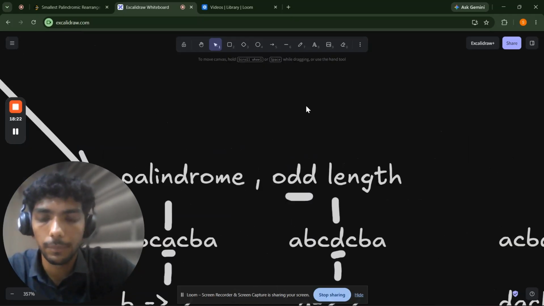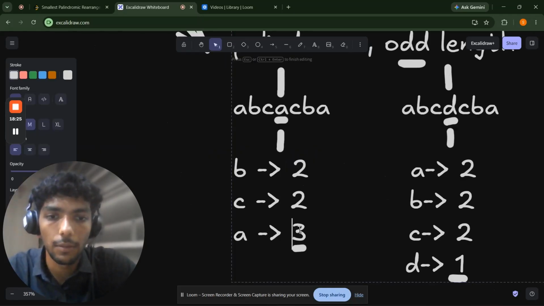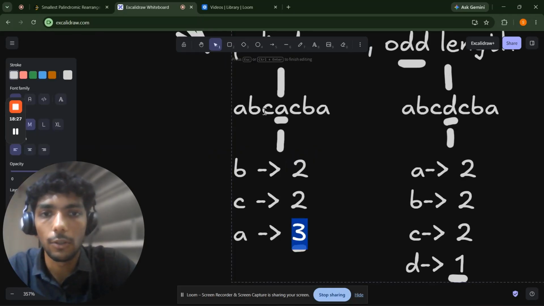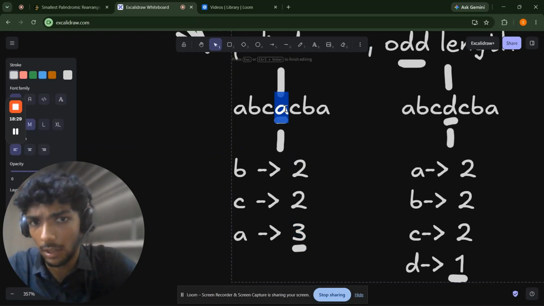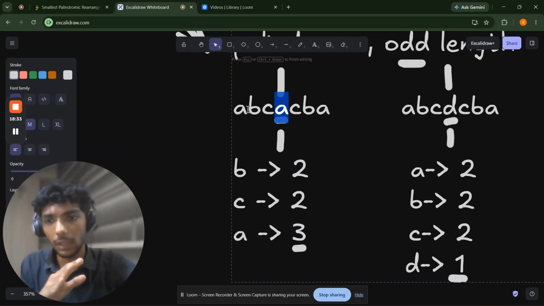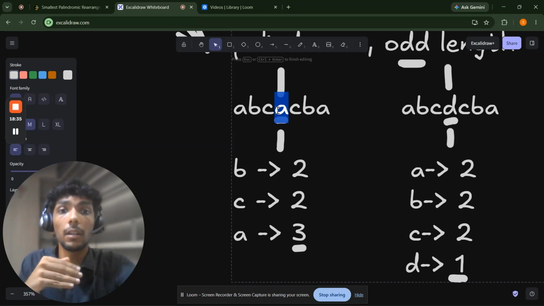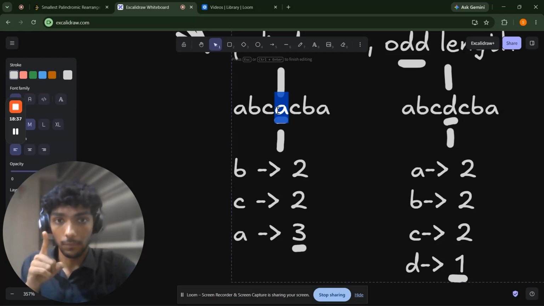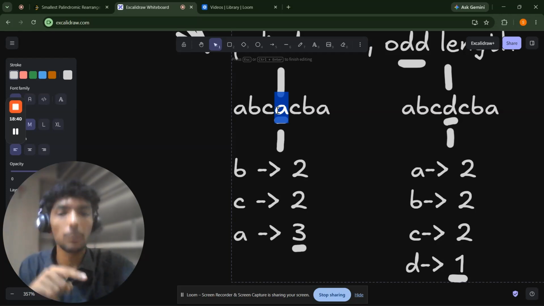Let's see here. A is three times. So one A is in the middle. The other two do not matter when forming the palindrome, but one of its elements must be in the middle.